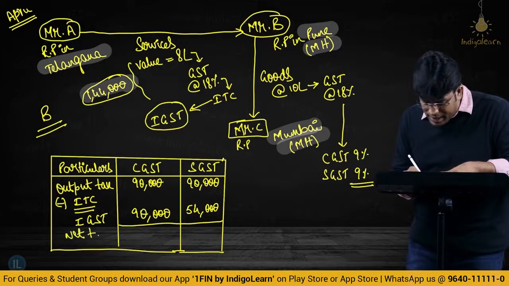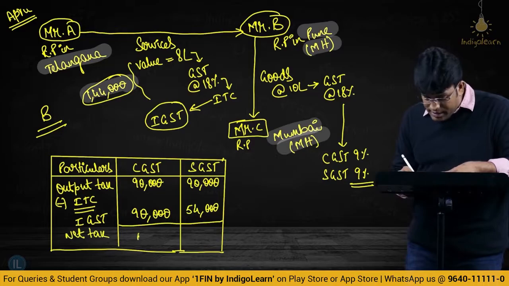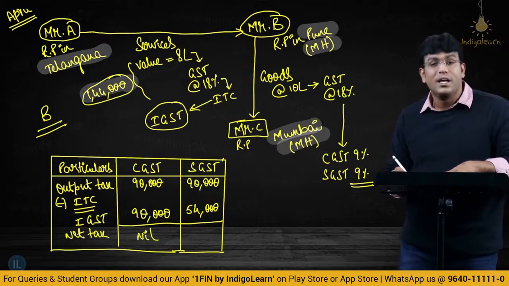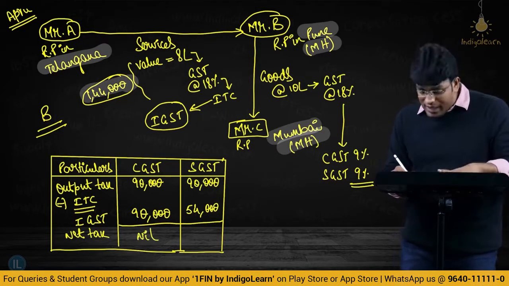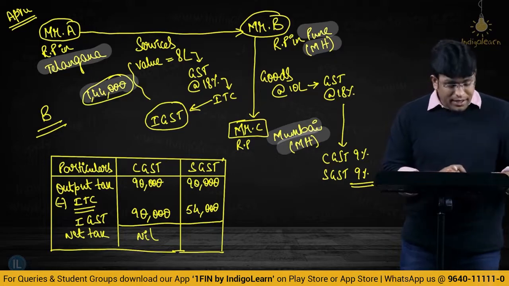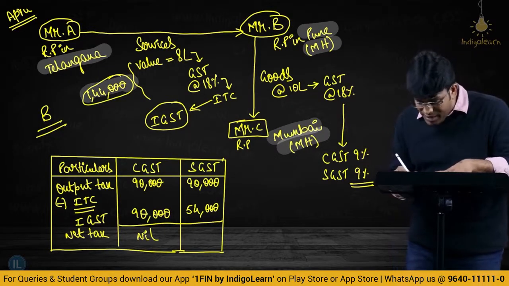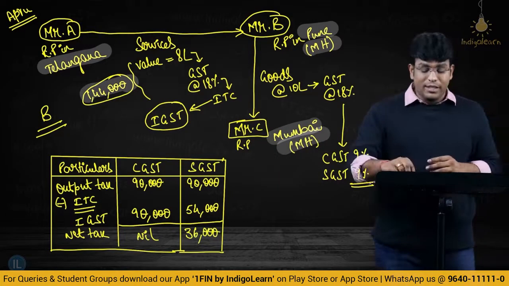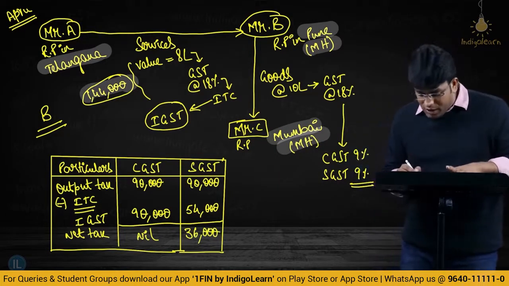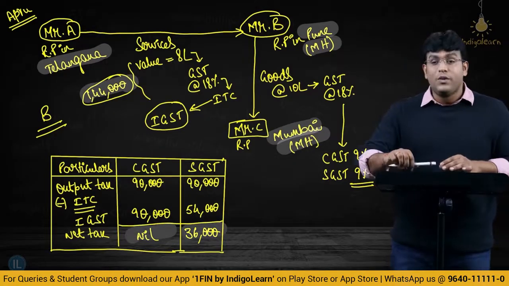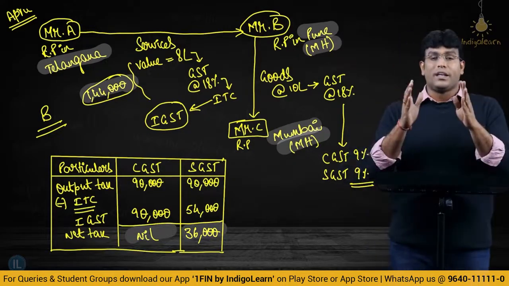So when I calculate my net tax, CGST will be nil, SGST will be 90,000 minus 54,000, which comes to 36,000.